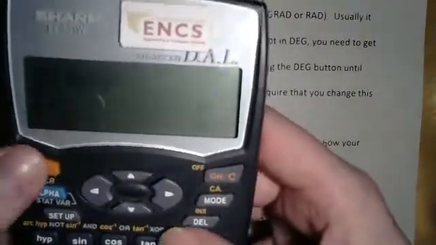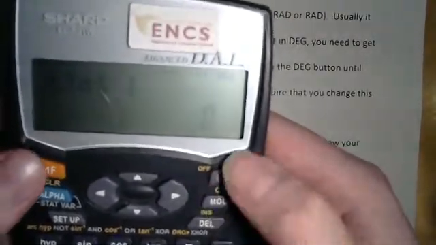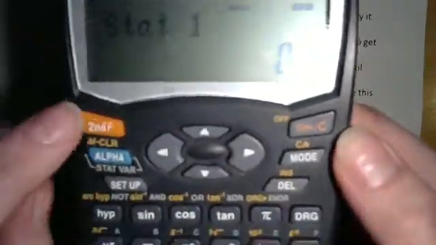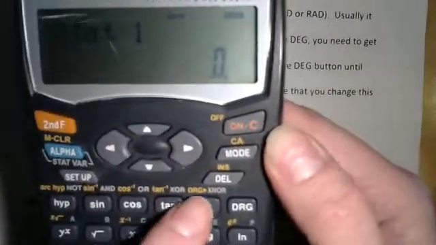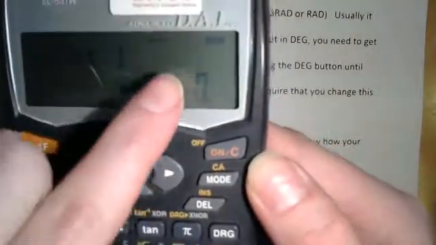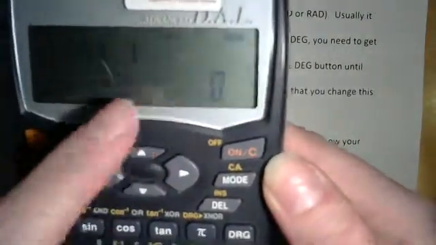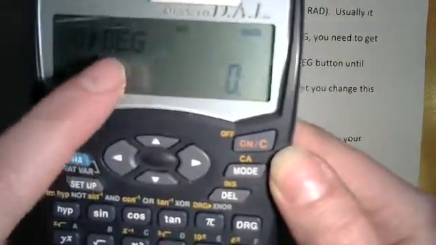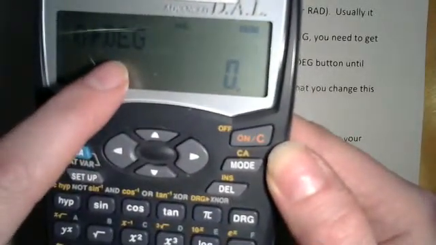Mine is actually really weird. If I hit second, and then this DRG button, mine's in gradients right now. So I need to slide that over, and now it's in degrees.